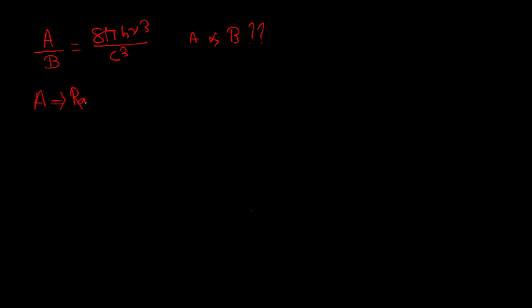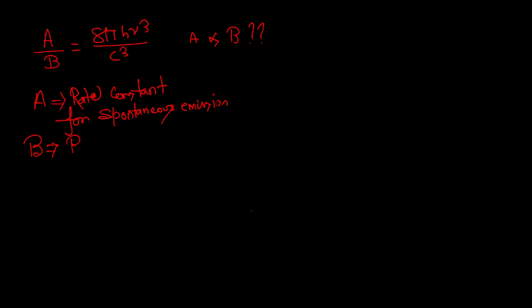So what we know: A is the rate constant for spontaneous emission. B is the rate constant of absorption or stimulated emission.